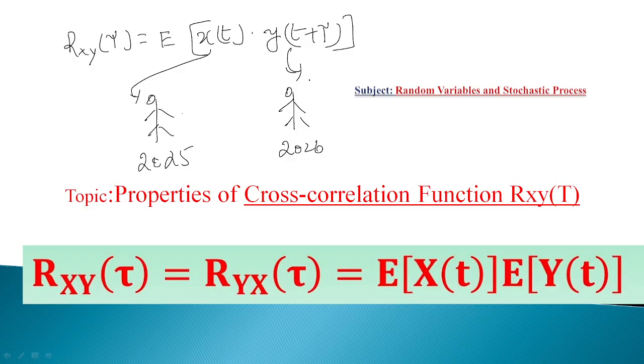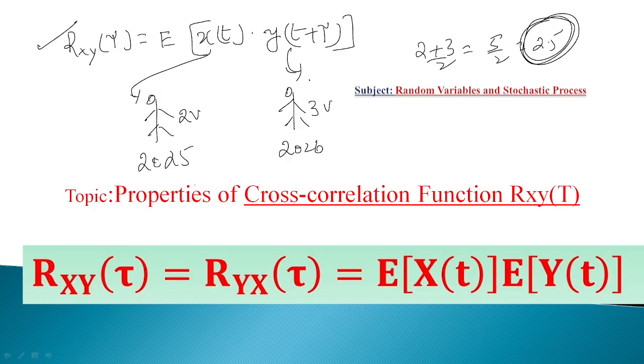So what is the average? It is having 2 volts and 3 volts. What is the average? 2 plus 3 by 2, just an assumption, 5 by 2 is equal to 2.5, which is the average. So the cross correlation means the relation between two different signals with different time slots. I will explain the main properties.